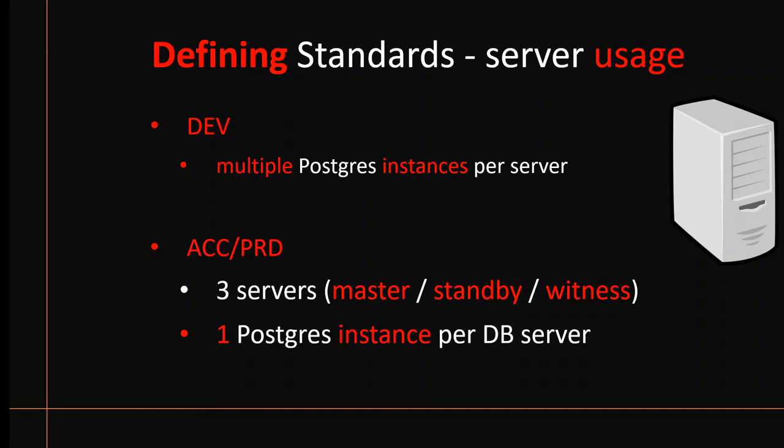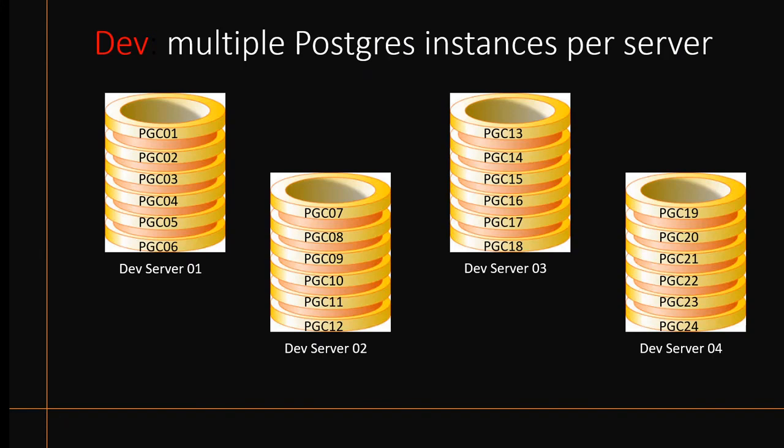So we decided that a dev server could run multiple Postgres instances, and acceptance and production would be high available with only one Postgres instance per server. This is what our dev environment looks like, basically. In this case you see 4 servers with each 6 Postgres instances.